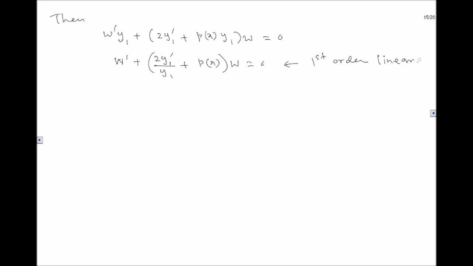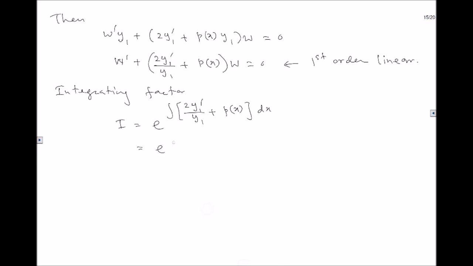So we can find the integrating factor I, which is equal to e to the integral of what is in the parenthesis. So it is 2 y1 prime over y1 plus px dx. So how to simplify? This is easy to simplify. The top one is y1 prime over y1, so this simply becomes a natural log.